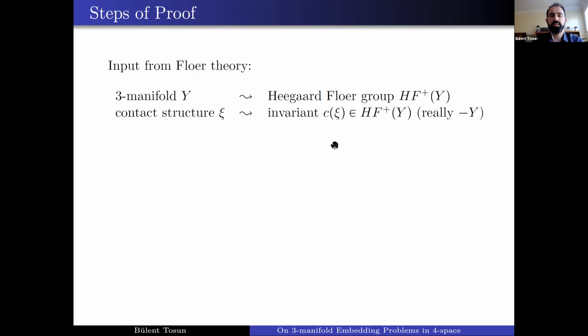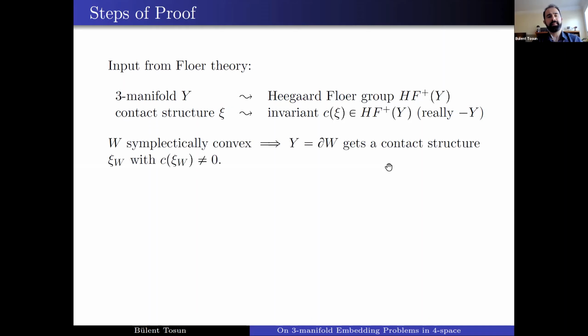So the input will be, as I said, Floer theory. Here is a little summary of how things go for a three-manifold. As you will remember, there are so-called Heegaard Floer groups or monopole Floer groups, and if you have a contact structure, there is an invariant associated to it, the contact class. If W is symplectically convex with boundary Y, then you will find a contact structure on the boundary, and this contact structure in particular will have non-zero contact class.